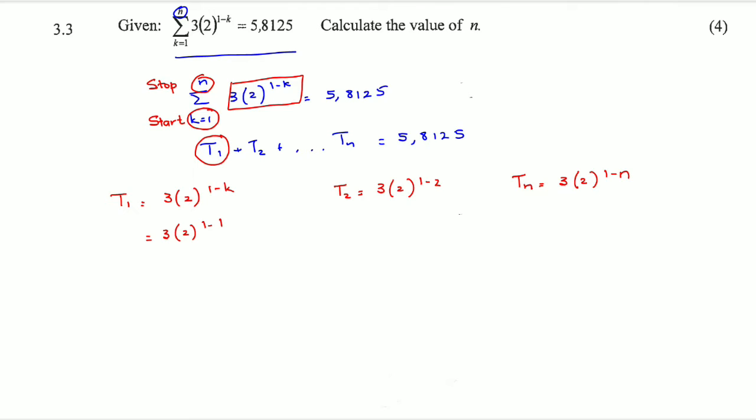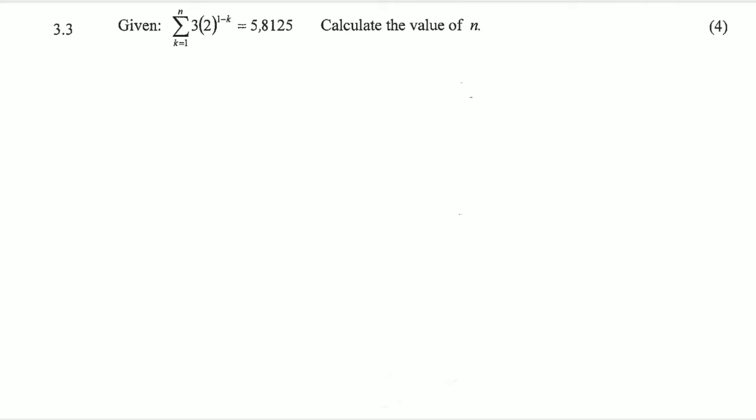Now that we've talked about sigma notation, let's begin with the question and find the value of n. We need to find the first three terms. Term 1 is 3 times 2 to the power 1 minus 1, which is 3 times 2 to the power 0, and a number to the power 0 is 1, so that gives 3 times 1, which is 3.